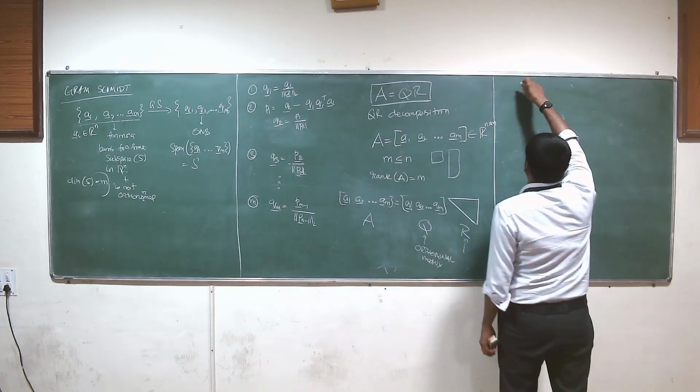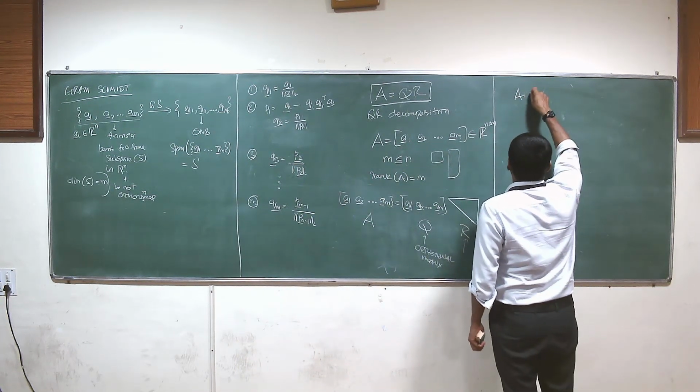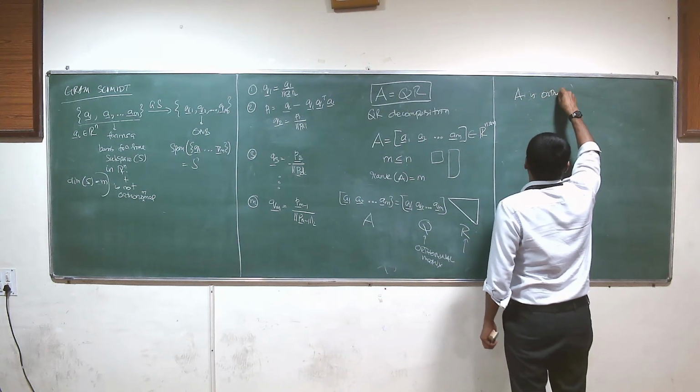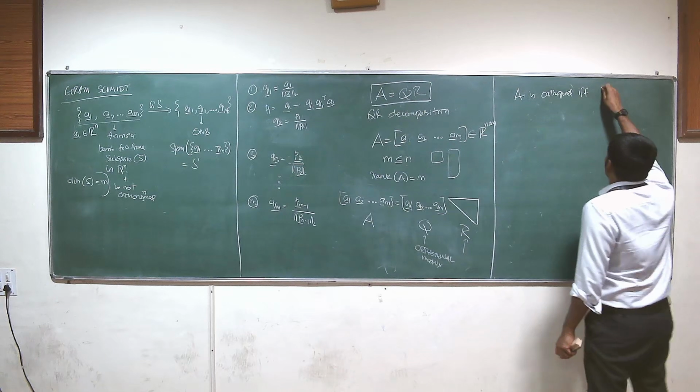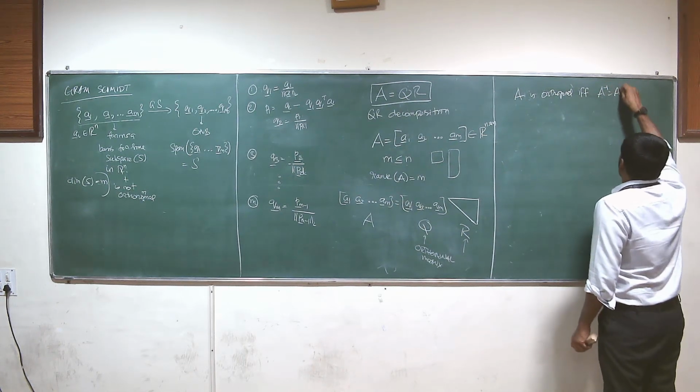An orthogonal matrix is simply defined as this. A is orthogonal if and only if A inverse equals A transpose.